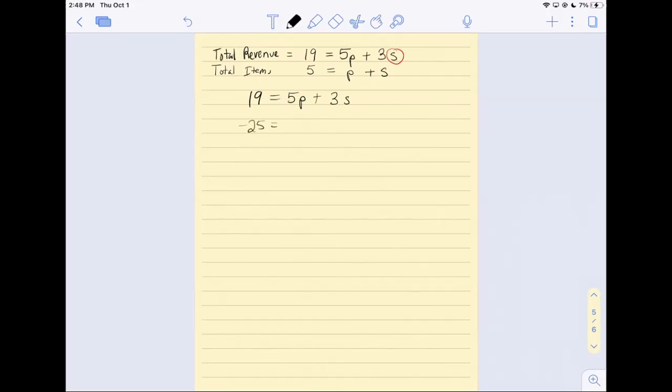This is going to be -5 times equation 2, just a little note on the side. So this would be -5 minus 5p minus 5s.